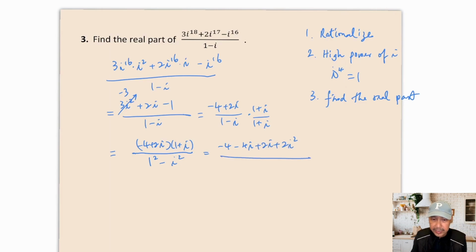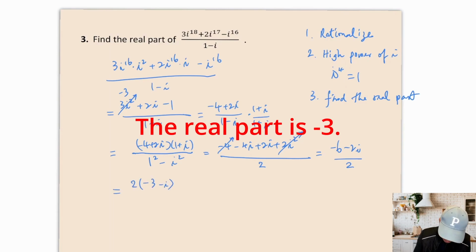Okay, the denominator will become 2. So negative 4 and negative 2 become negative 6 and minus 2i, over 2. And obviously, there's a common factor of 2. Take it outside, negative 3 minus i, 2 cancel. So the answer is negative 3 minus i.